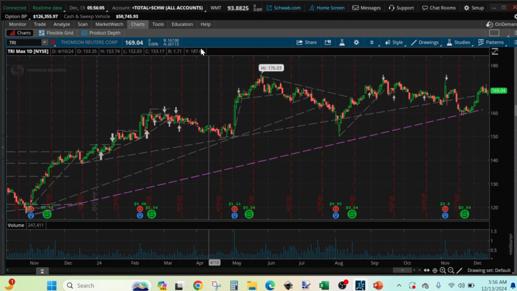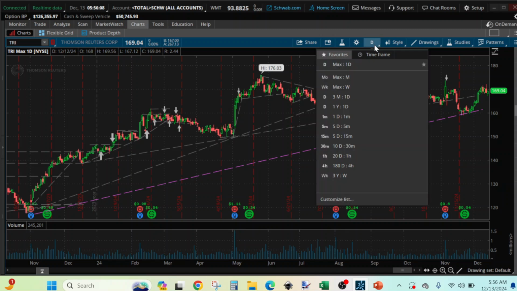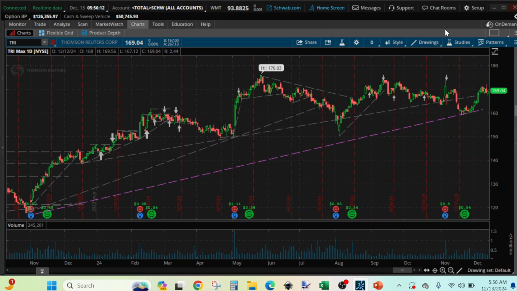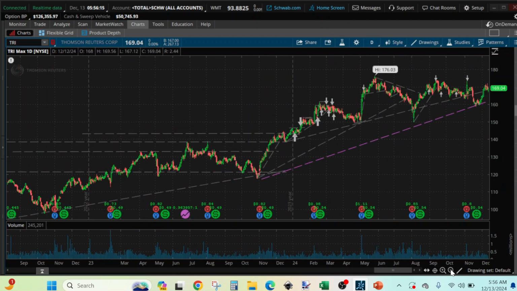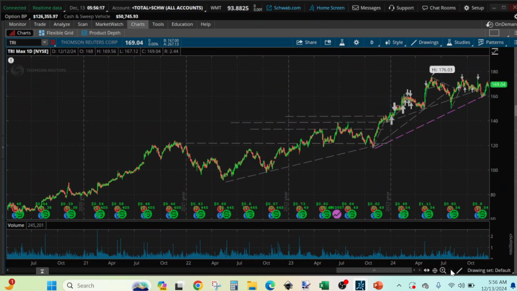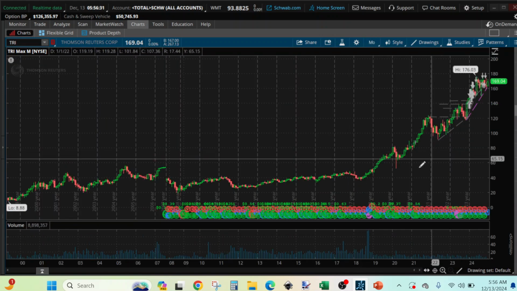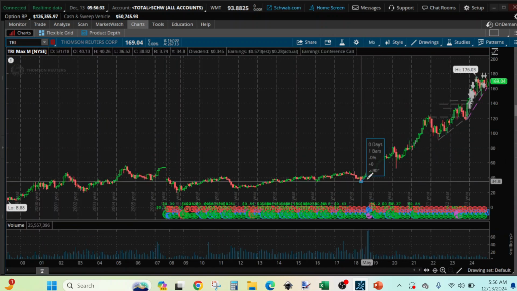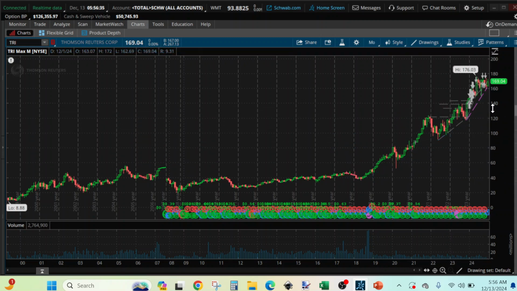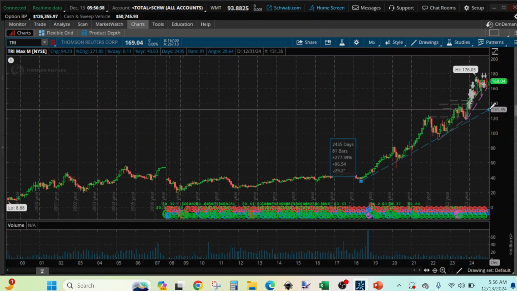Okay, so let's go to maximum daily chart. That's what we have. Okay, so let's zoom. I think we didn't have a longer trend line. If you go to maximum monthly, I think a longer trend line won't work well. Let's see, but still it'll go somewhere.